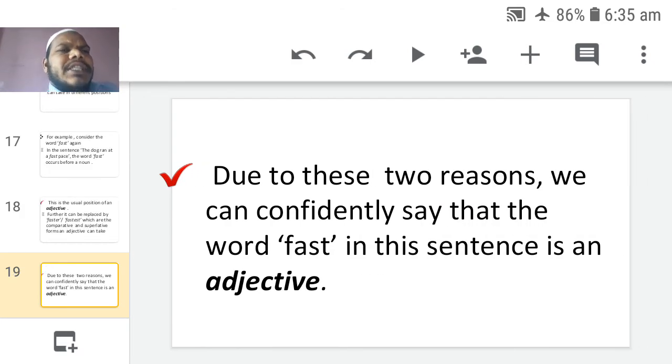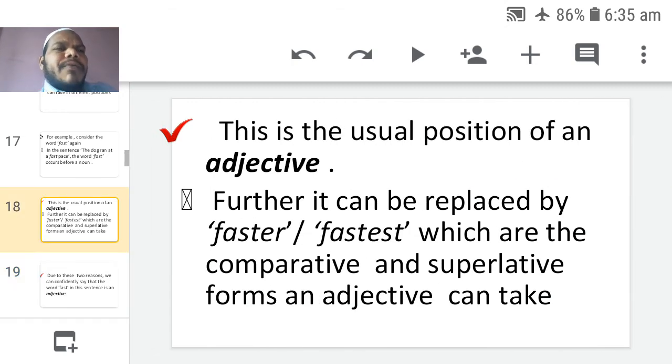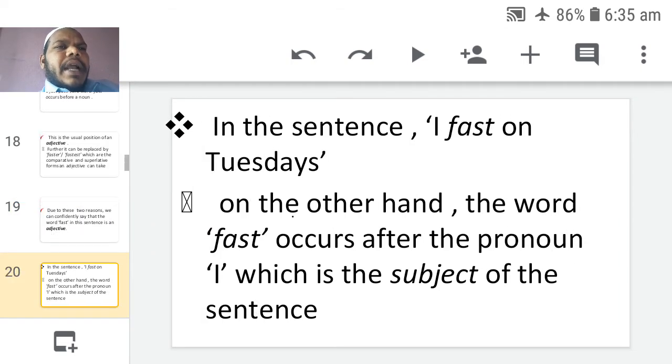Due to these two reasons, we can confidently say that the word fast in this sentence is an adjective, because it comes before a noun and it took ER, EST, which are the comparative and superlative forms of adjective. In the second sentence, I fast on Tuesdays, the word fast occurs after the pronoun I, which is the subject of the sentence.